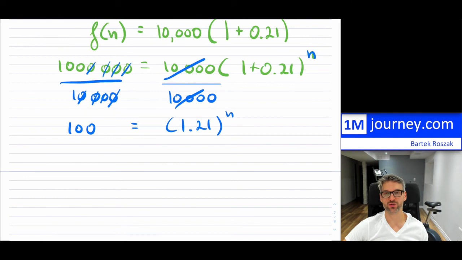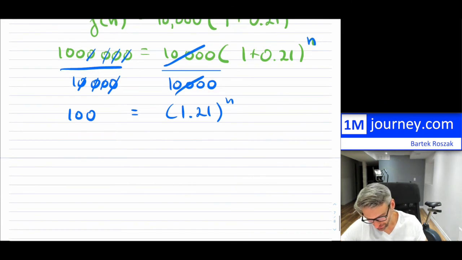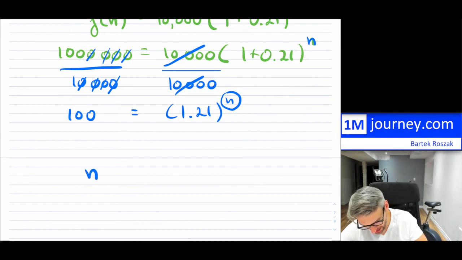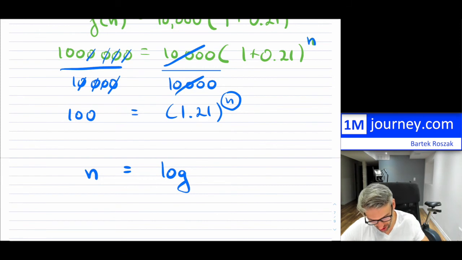Now, this is in the exponential form, so you can switch this to logs. You can take the log, because I want to know what this is. So N is equal to log, because you can take the log of both sides. The base is going to be 1.21 of basically 100.